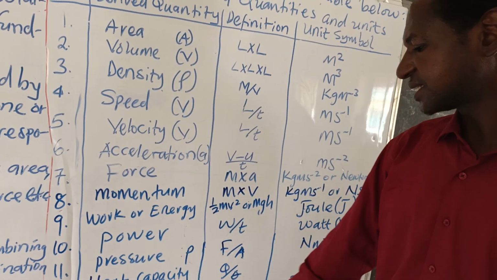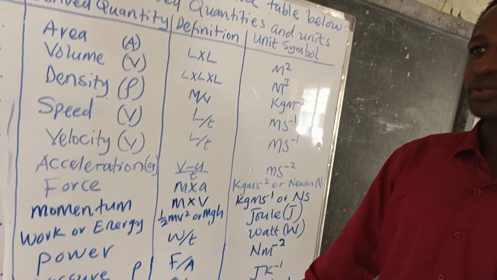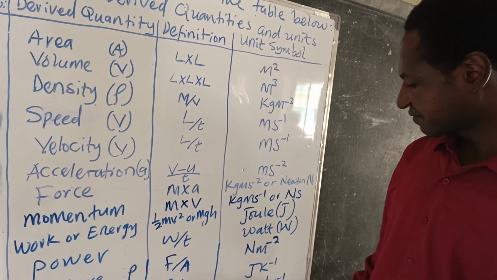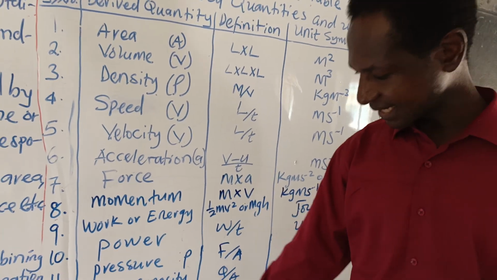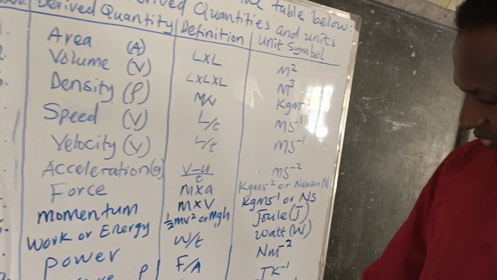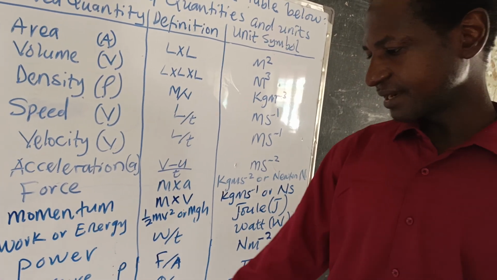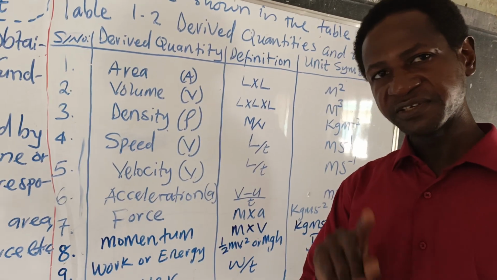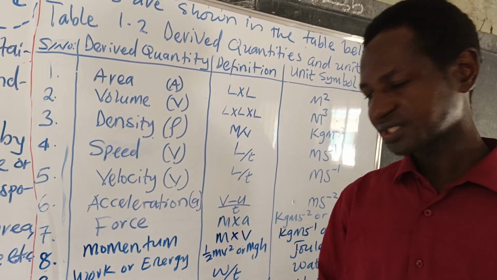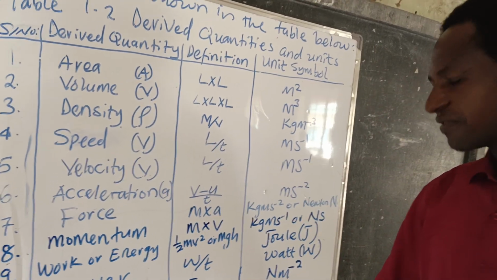Specific heat capacity is quantity of heat divided by mass of the substance times the temperature change, which is joules per kilogram per Kelvin. Specific latent heat is quantity of heat divided by the mass of the substance, which is joules per kilogram. And linear expansivity is the final length minus the initial length divided by the initial length times the temperature change, which is per Kelvin.